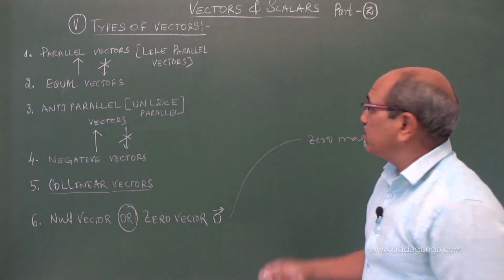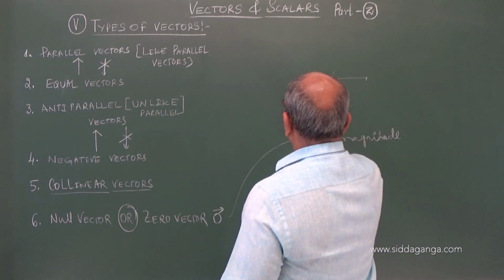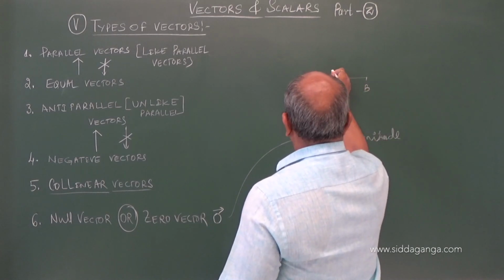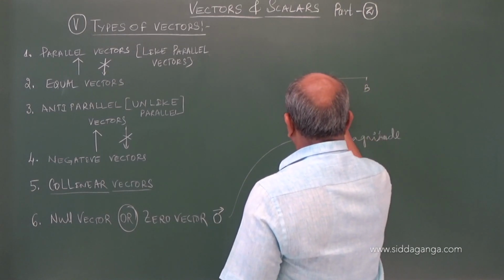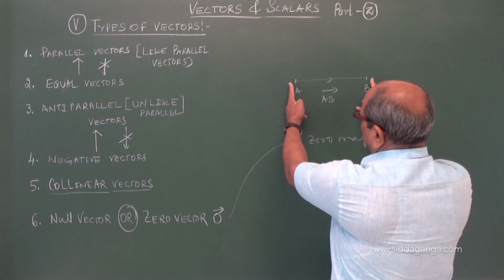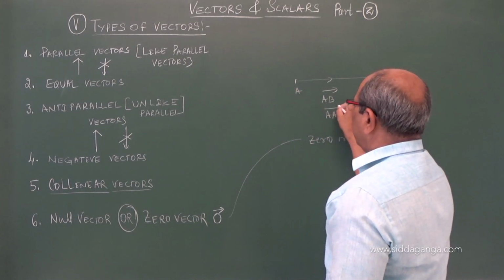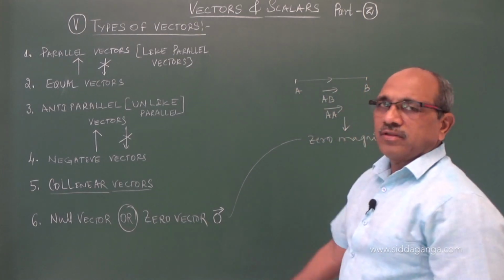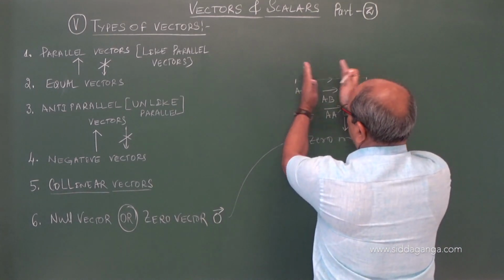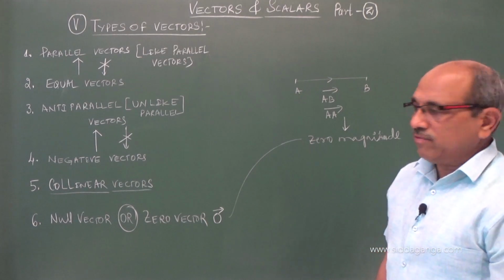Zero magnitude. I take here the vector A, B. So let it be vector AB we have. If I make the magnitude 0, that B becomes equal to A, now the vector is a 0 vector. So I fused A to B together. Magnitude is not at all there.